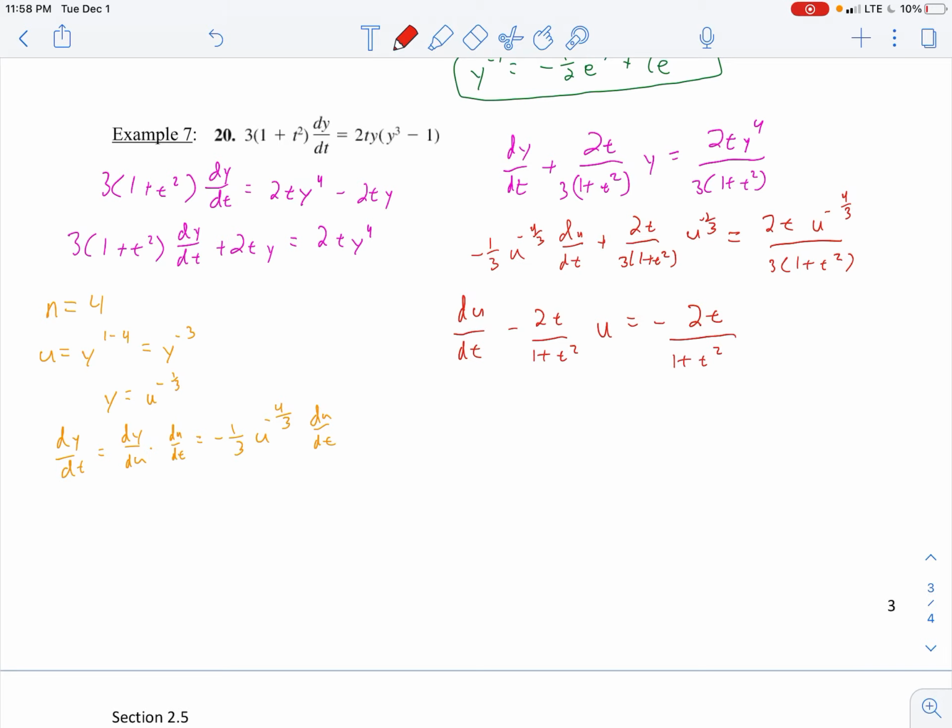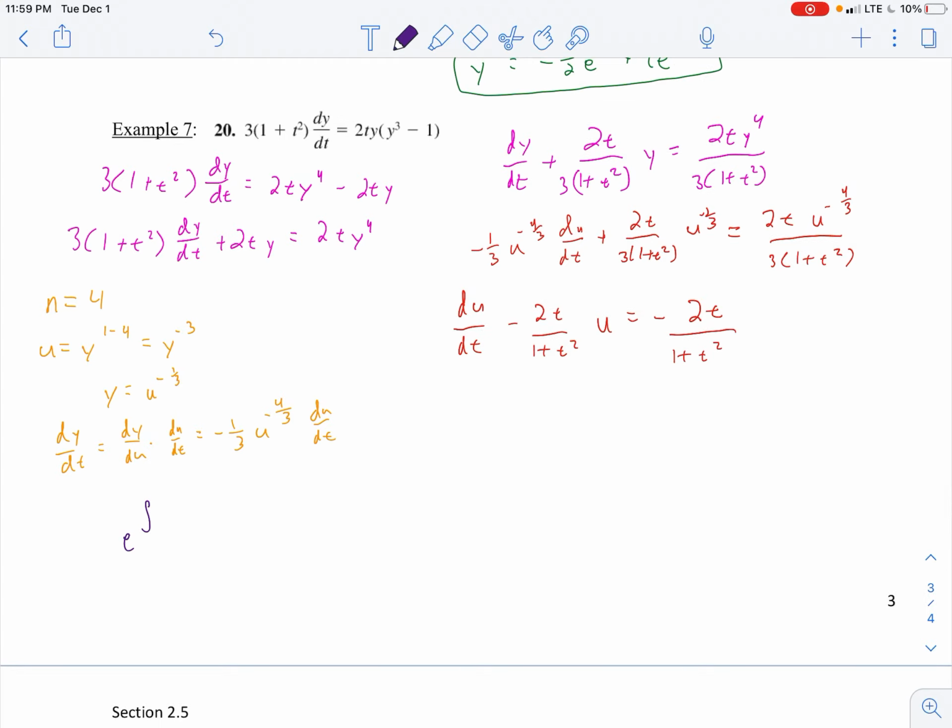So perfect. We have our linear equation now, and based off this linear equation, we're going to find an integrating factor. So the integrating factor is going to be e to the, looks like negative, and put the negative on the outside, 2t over 1 plus t squared dt, and that's just going to be e to the negative, oh, that's nice, natural log of 1 plus t squared, which is just going to be 1 over 1 plus t squared.